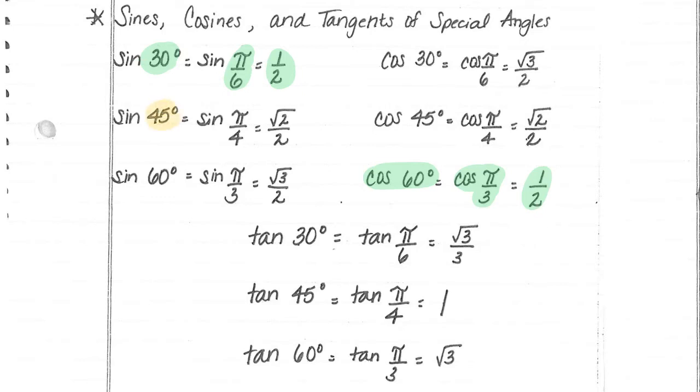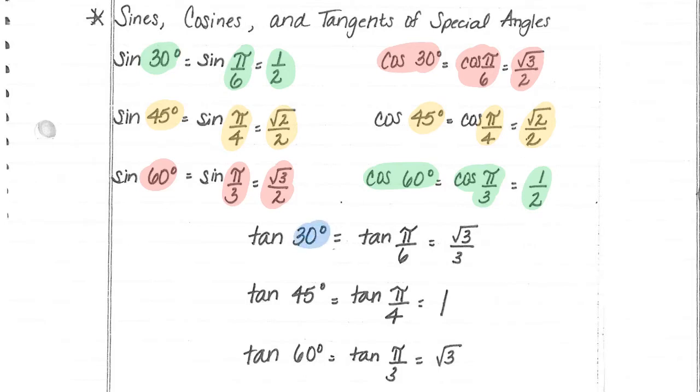Moving on, the sine of 45, pi over 4, is root 2 over 2. Cosine is going to be the same. And then 60, sine of pi over 3 is root 3 over 2, which is the same as the cosine of 30 degrees. So notice they kind of have some similarities there.